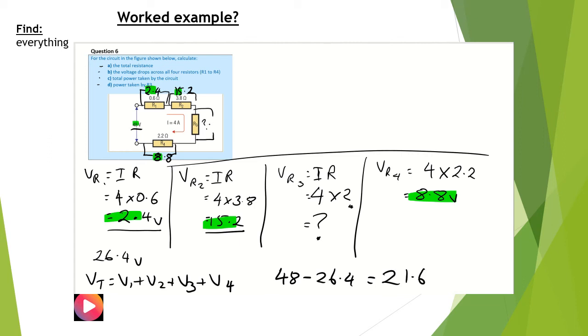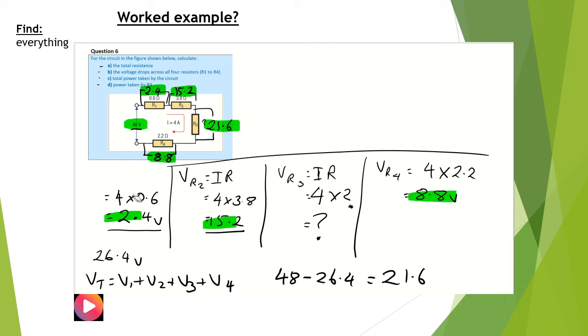The voltage across here is 21.6 volts. And that's because 8.8 plus 21.6 plus 15.2 plus 4.2 equals 48 volts. So we now know all the voltages across all the resistors.